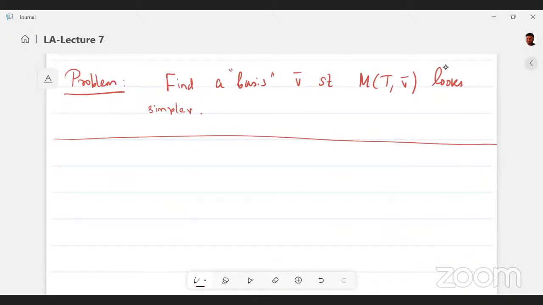So I will leave it as an exercise. I believe it is there in the problem sheet. So what is this exercise?